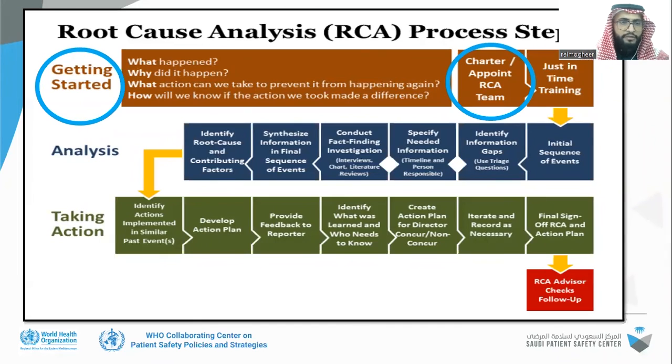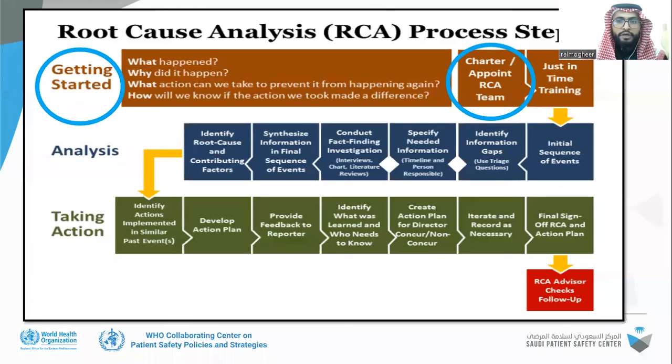Just a simple training, 1 or 2 hours about the RCA, insisting on the blame-free investigation type of event, and separating it from accountability investigations or investigations done by the HR.